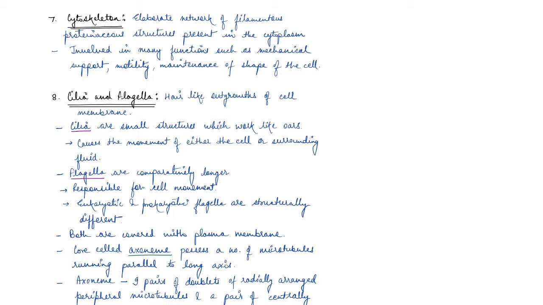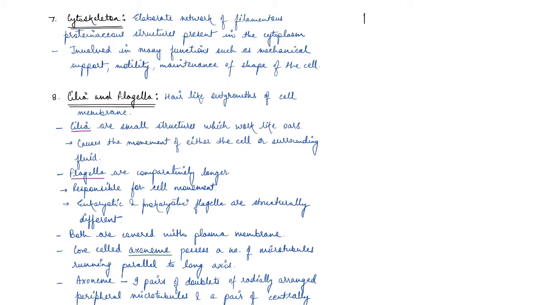So there is an elaborate network of filamentous proteinaceous structures, structures made up of filamentous protein, in the cytoplasm, and these structures collectively are known as cytoskeleton.